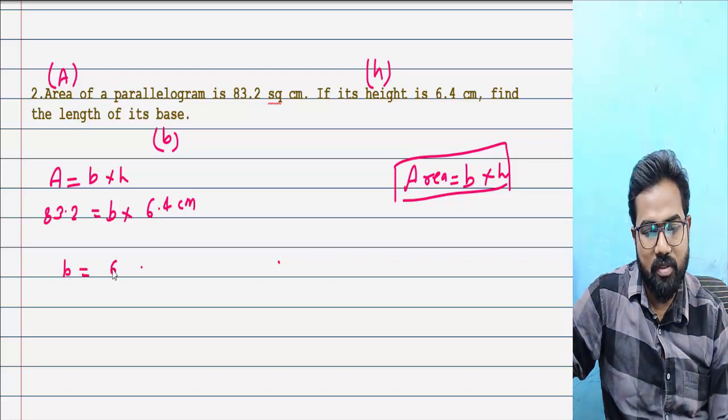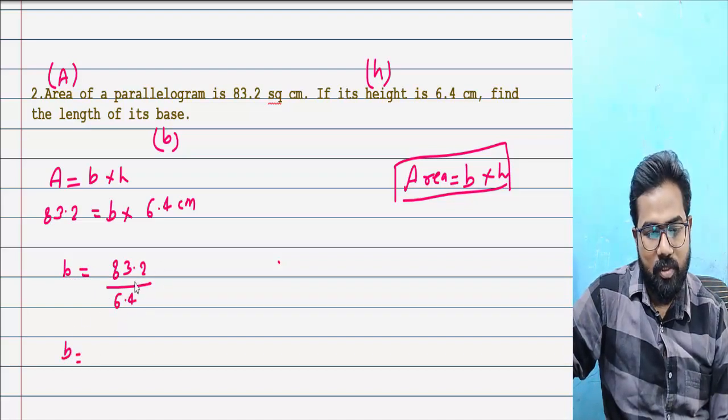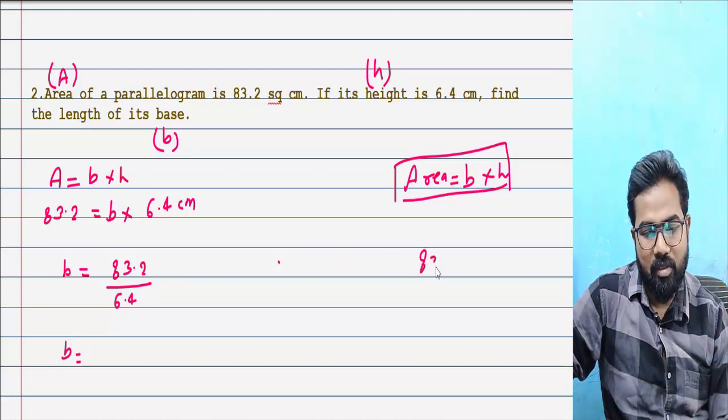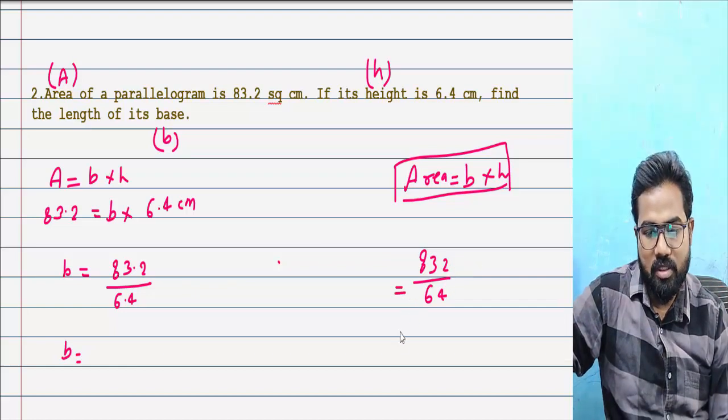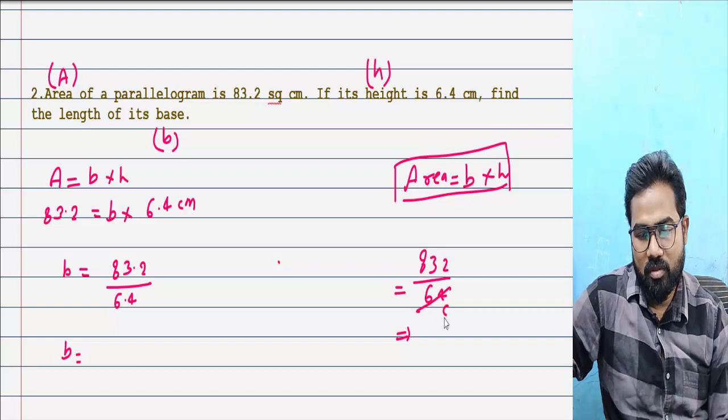So students, b equals 83.2 divided by 6.4. Now how will we calculate this? Make it 832 divided by 64, because here you have one digit after the decimal point in both, so you can directly remove the decimal point. So this will become 8 times 8 is 64, and this becomes 104.